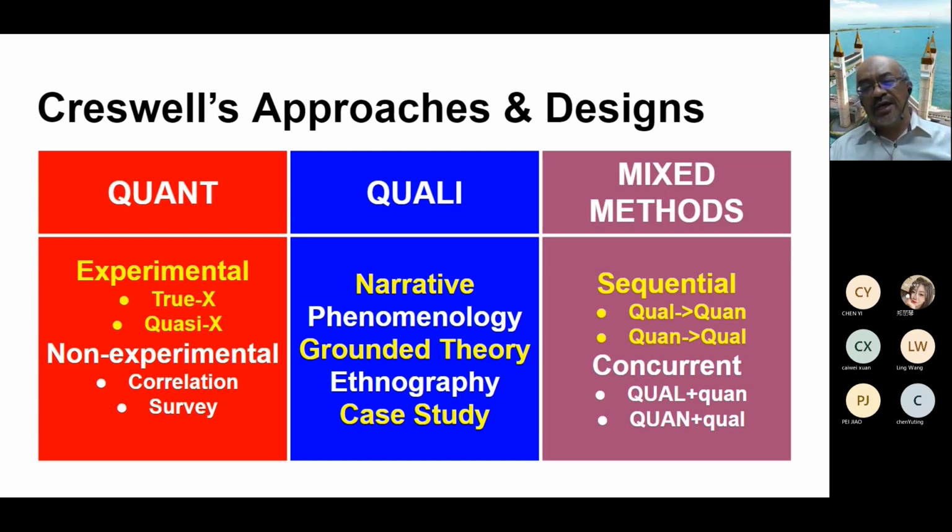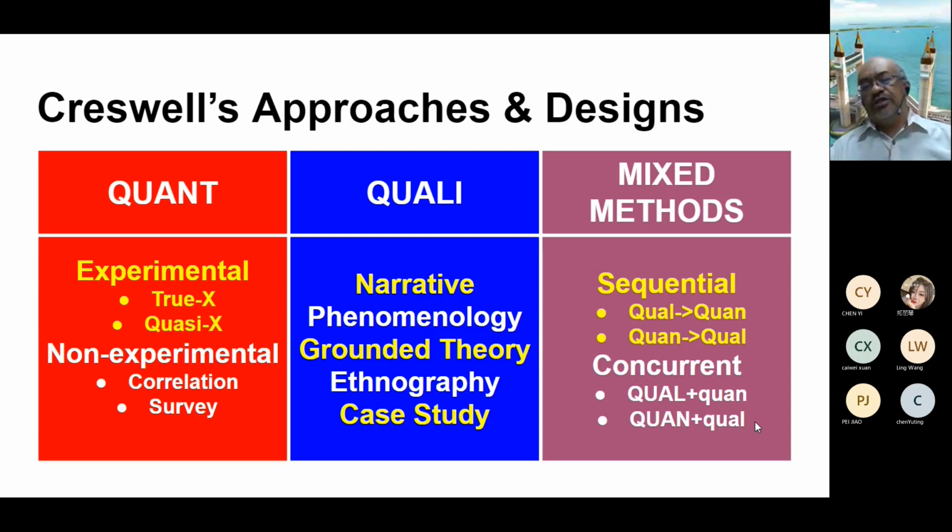There are two designs. The first one is QUAL in capital letters, all in uppercase. And the second one, the way I wrote quant, the first word is in uppercase, the second one is in lowercase.